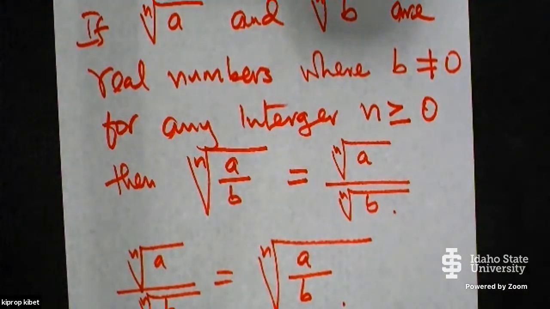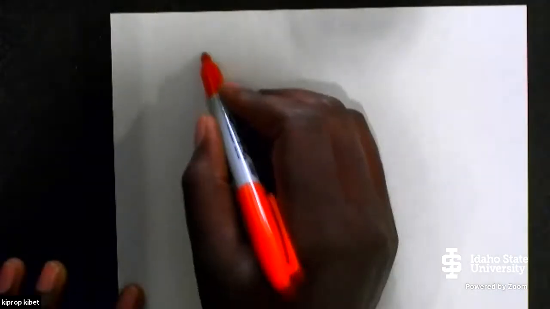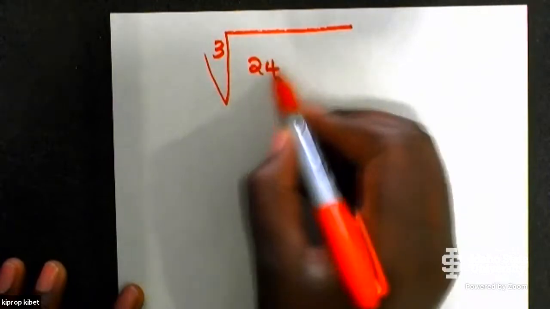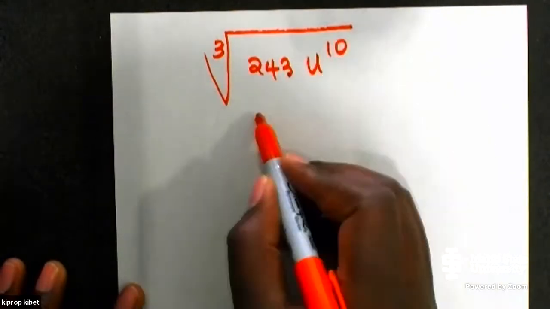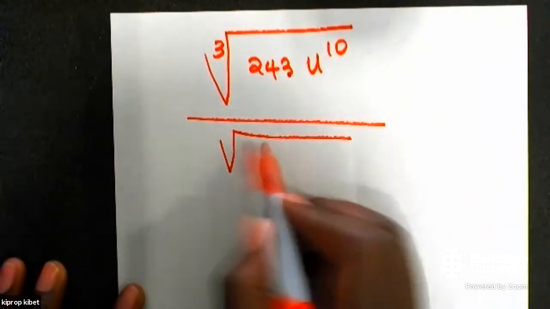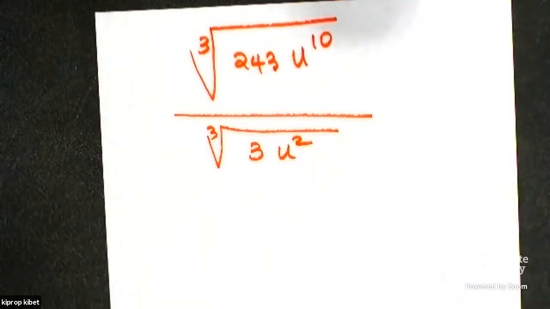Now, for example, if we have an example like the one I gave you in the notes, example number 1. The cube root of 243 u raised to 10 all over the cube root of 3u squared.